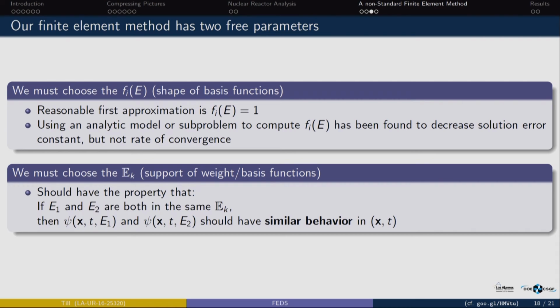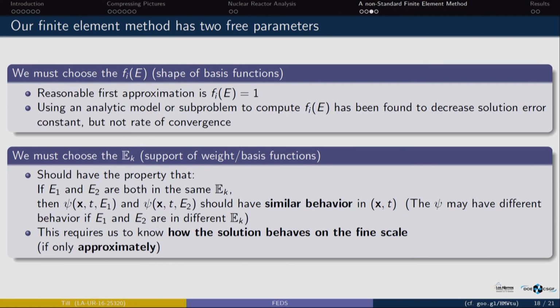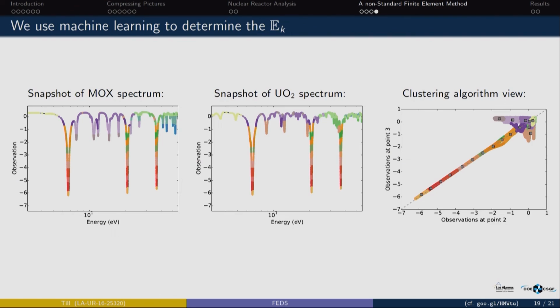And really what you want is the following property. You want to say if I have 2 different energies and I put them into the same energy element, I want the solutions to behave similarly. So I want the solutions at those 2 different energies to behave similarly for all space and time. Of course, this requires you to know something about how the solution behaves on that fine scale, but we can do this approximately.